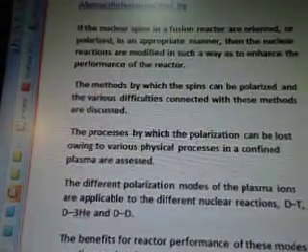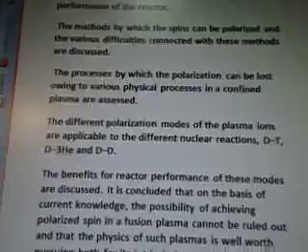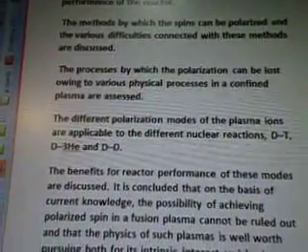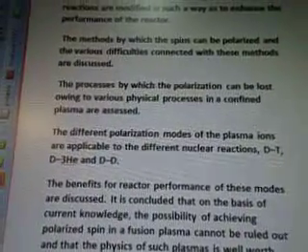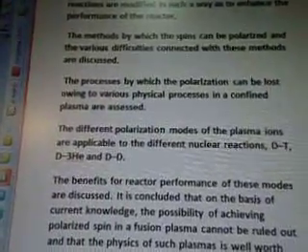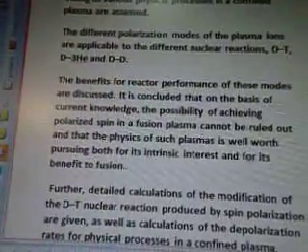The processes by which the polarization can be lost owing to various physical processes in a confined plasma are assessed. The different polarization modes of the plasma ions are applicable to the different nuclear reactions DT, D3H, and DD. The benefits for reactor performance of these modes are discussed.